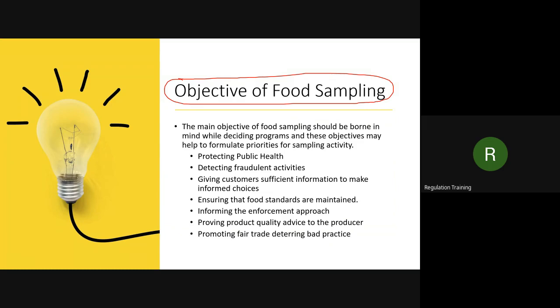Let's say the percentage is very low, then they will do a drive, particularly targeting the oil manufacturers. They will take samples, and they will put a penalty if they are not following. So for that purpose they also do the surveillance sample, informing the enforcement approach. This is one type of enforcement approach.